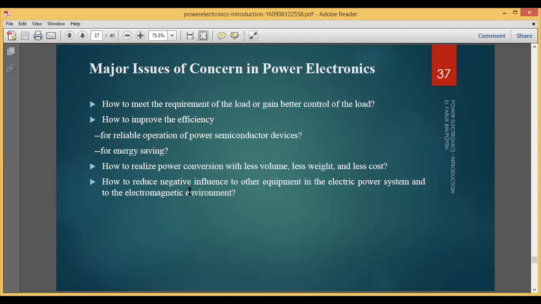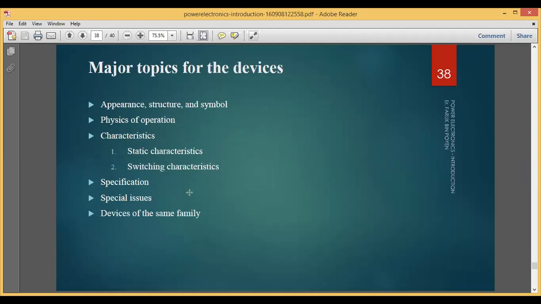There are many other major issues and concerns in the field of power electronics, but those can be minimized, but cannot be completely neglected or removed from the power electronics field. There are some major topics to study here: the appearance of the devices, how the devices should appear, their structure and symbol, then physics of operation, then static characteristics, switching characteristics, specifications, and special issues with power electronics.